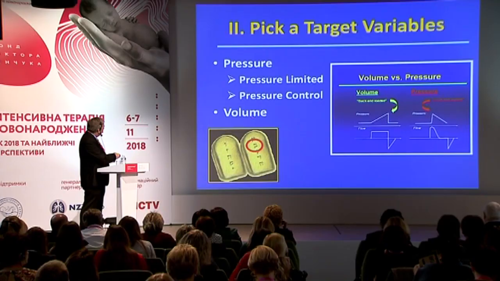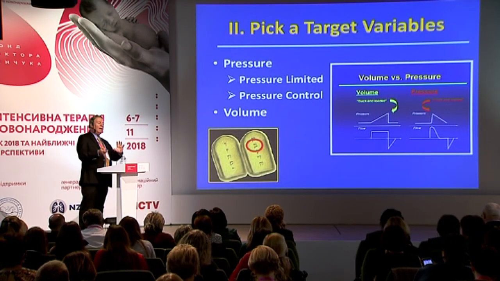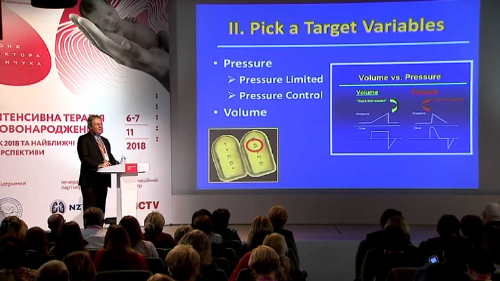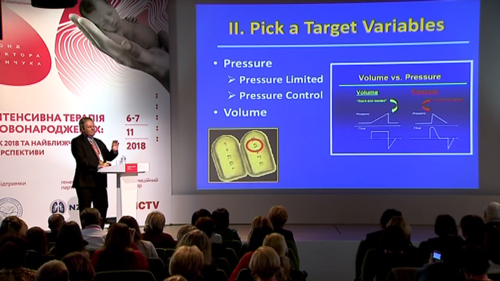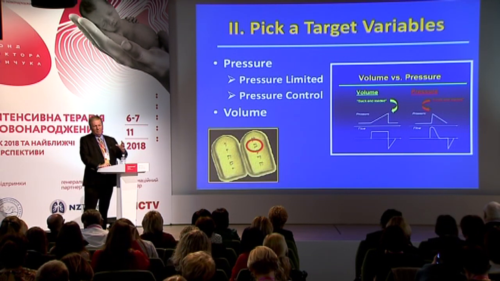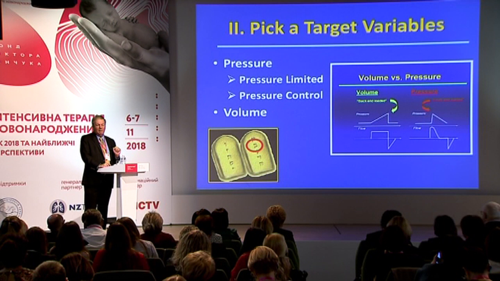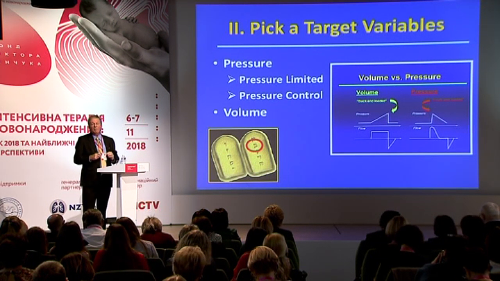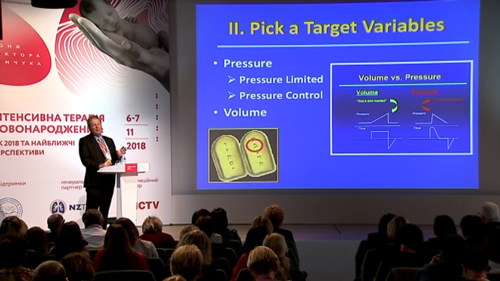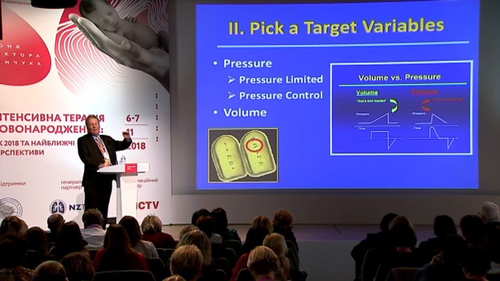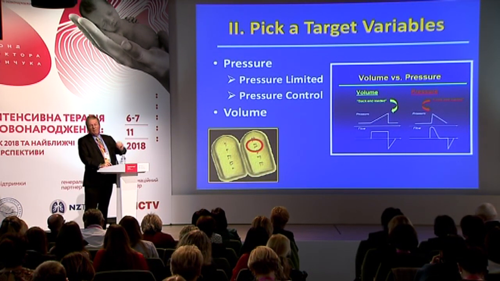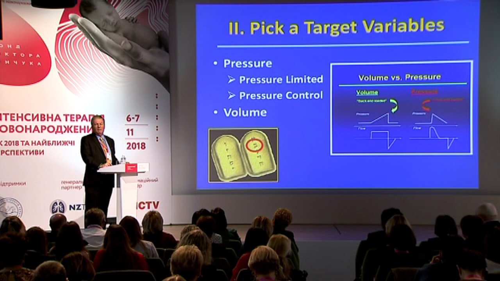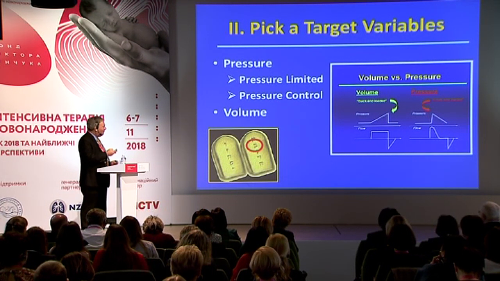Volume targeting is kind of the inverse. Here you select a tidal volume or a delivered volume that the baby will receive, irrespective of the amount of pressure it takes to deliver that volume. So volume is constant, and pressure will fluctuate according to compliance. We'll again describe this more fully later.